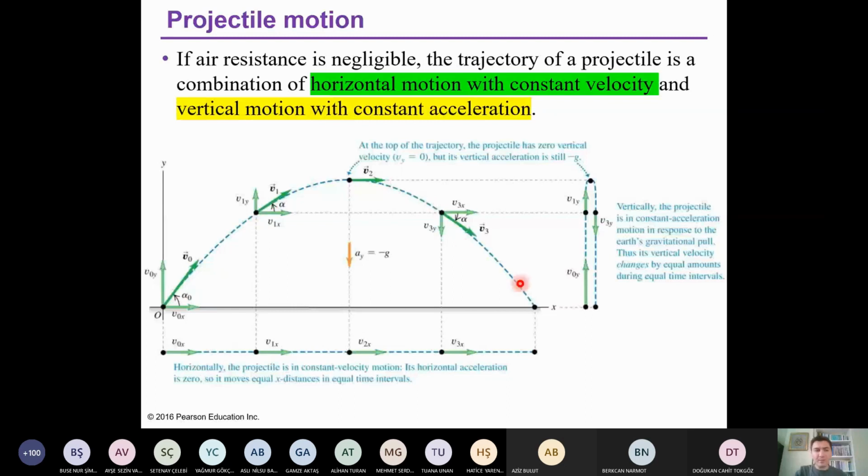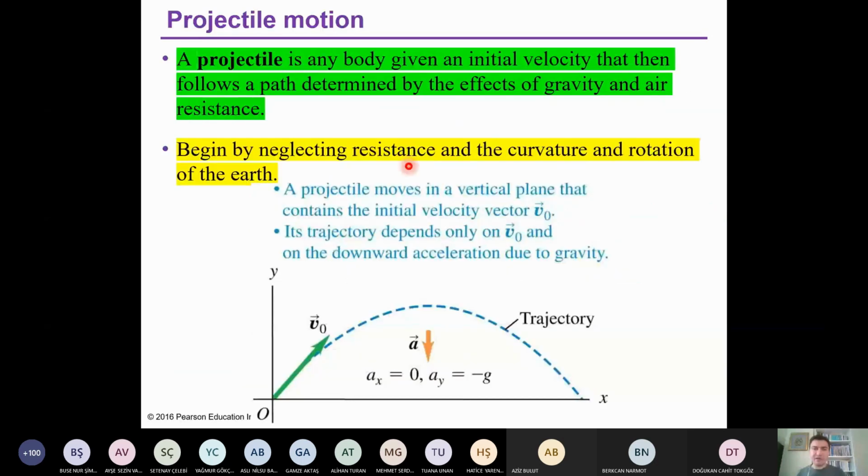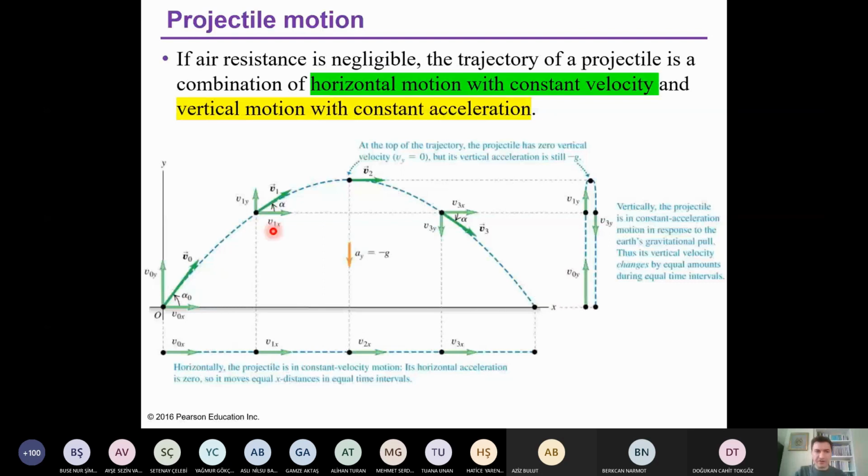What about the x velocity? The x velocity never changes. It is always constant if there is no air resistance. So this is the x velocity at position 1, x velocity at position 2, and x velocity in position 3, okay?